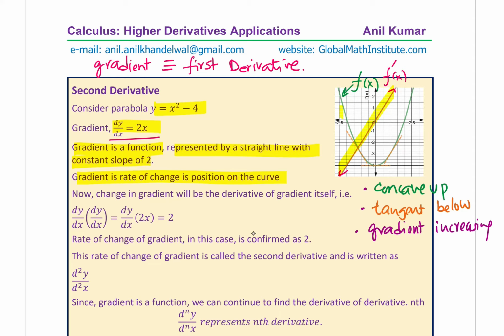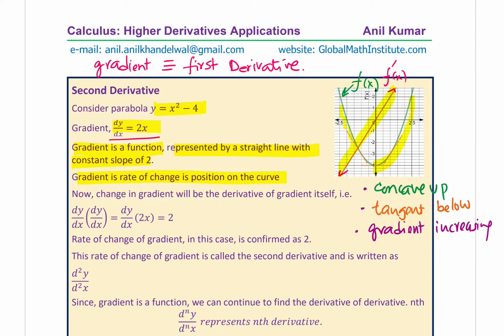So as you move along the function, you see that initially up to the vertex, you are coming down. So the slope is negative, which is the portion of the graph shown below the x-axis. And after 0, the slope is positive, which is shown as part of the graph, straight line, after x equals 0. Clear?